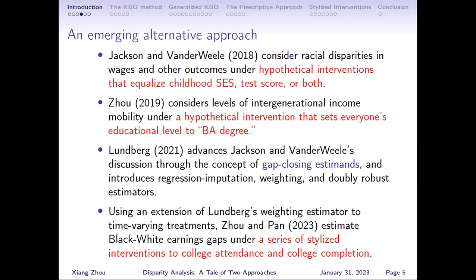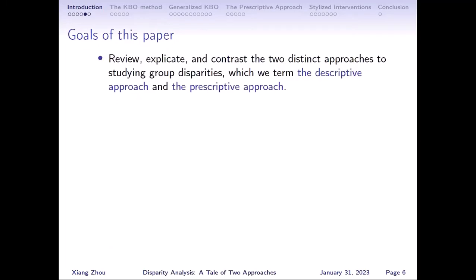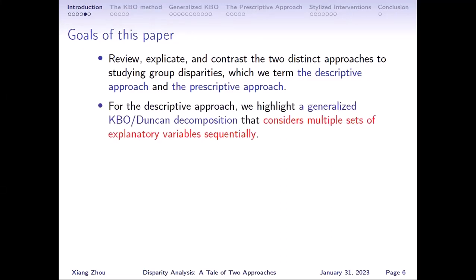So what now? What do we try to achieve in this paper? The primary goal of this paper is to review and explicate the two distinct approaches to studying group disparities, which we term the descriptive approach and the prescriptive approach. For the descriptive approach, we highlight a generalized KBO decomposition or a generalized Duncan decomposition.